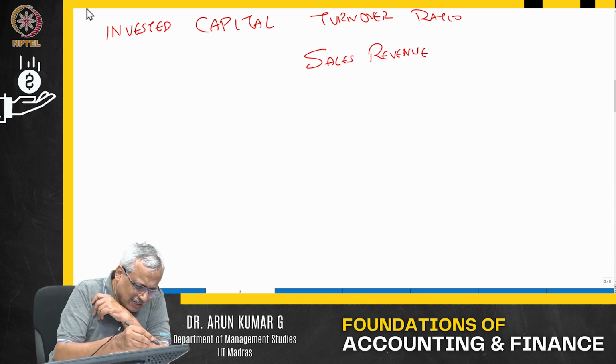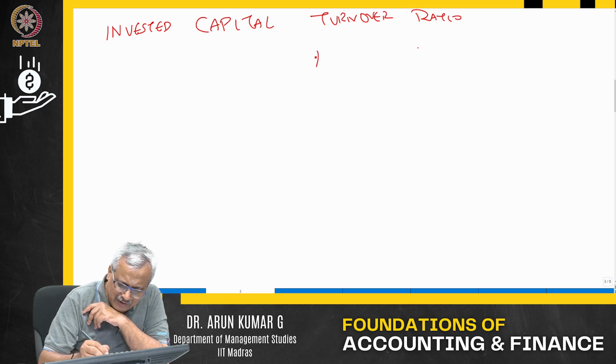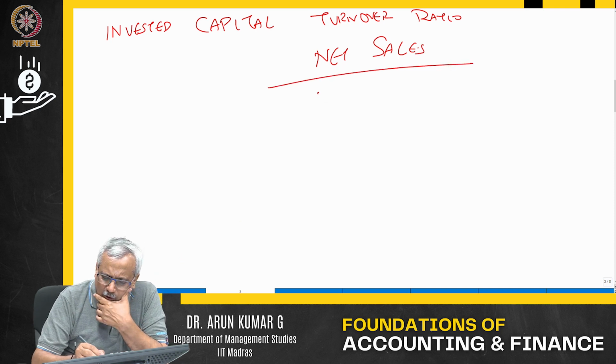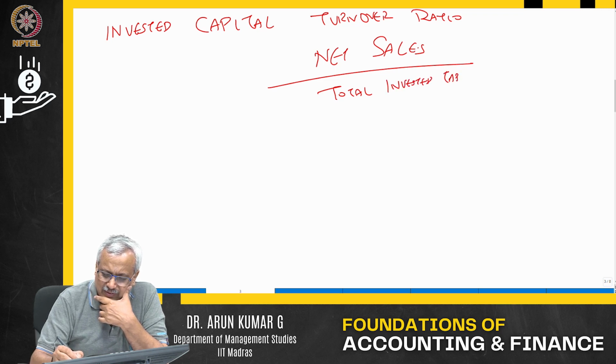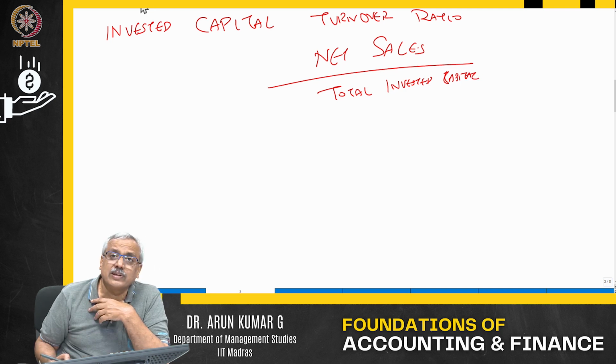Let me use the same terminology in all these places. I am going to use the same terminology. I would say net sales by total invested capital. Sir, what is this total invested capital? Let me explain what is the total invested capital out there.